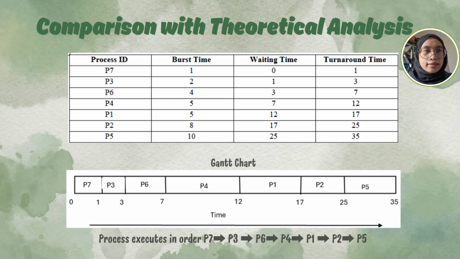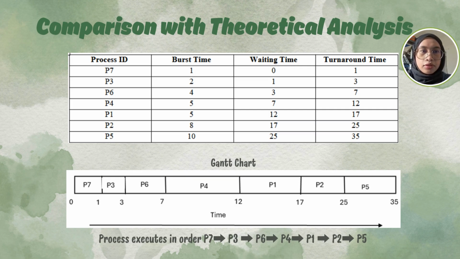Next is the result for number of process 7. The processes execute in order P7, next is P3, P6, P4, P1, P2, and P5. For the Gantt chart, it starts with P7 because it has the lowest burst time, which is 1.